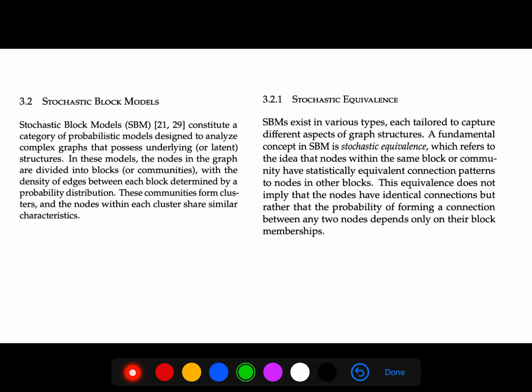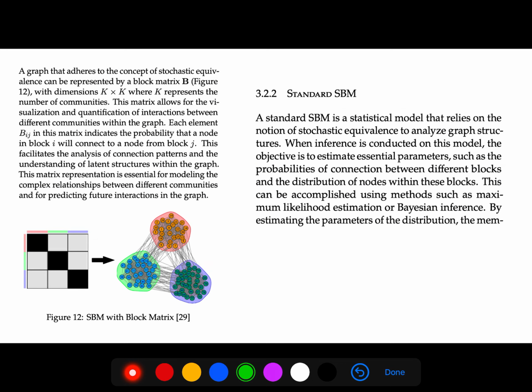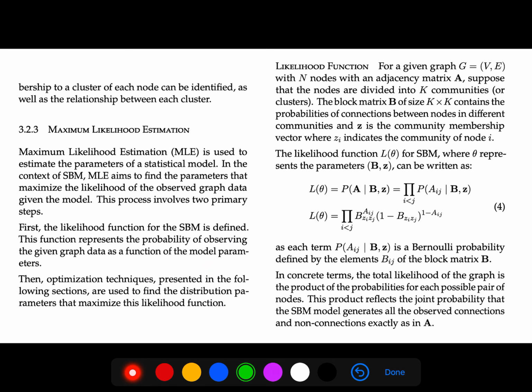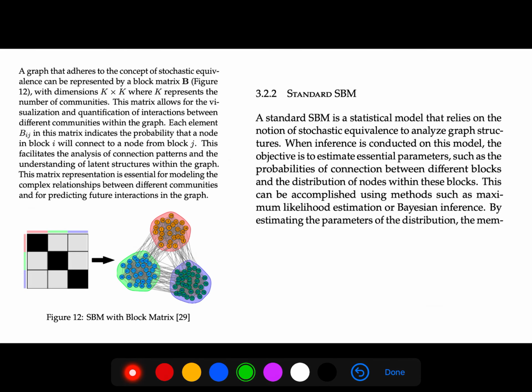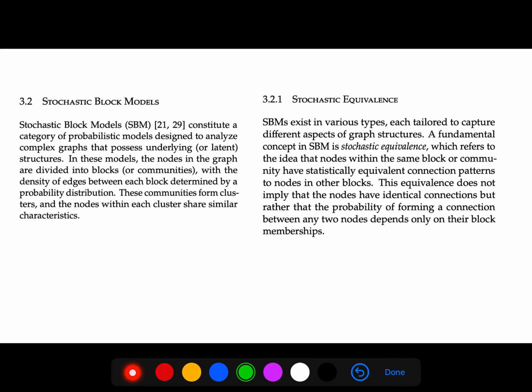And another model is the stochastic block model. There are a couple of papers on this, but it's very theoretical, and I haven't seen it in practical algorithms. You can use it as a likelihood function for stochastic block models.